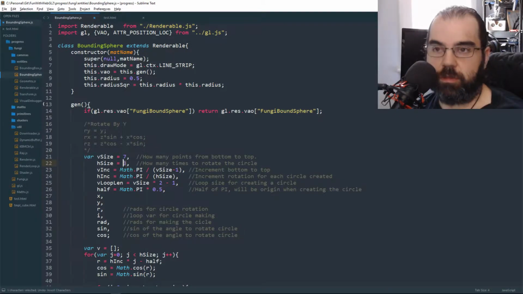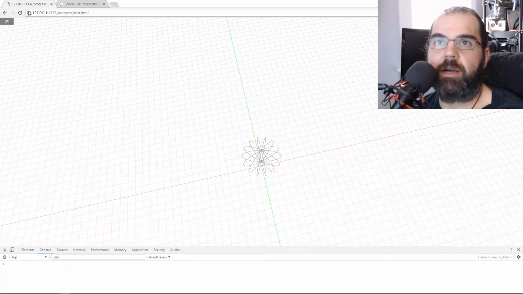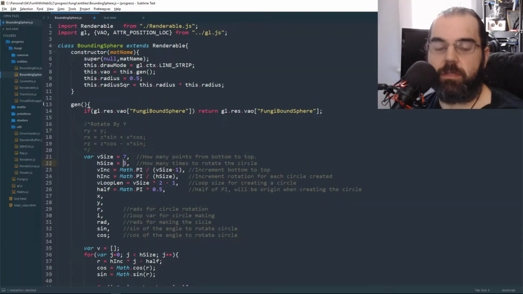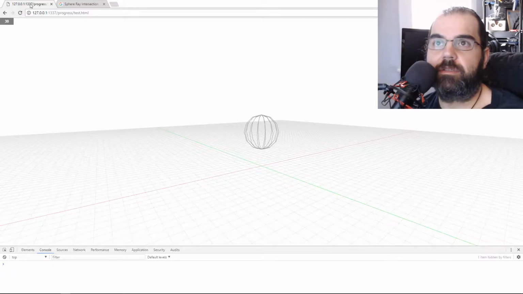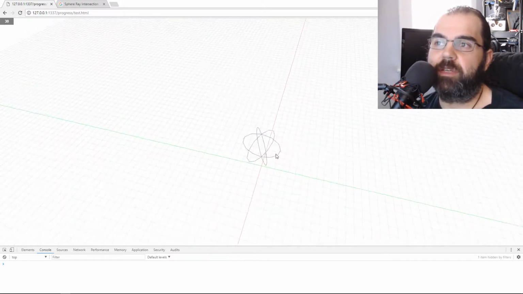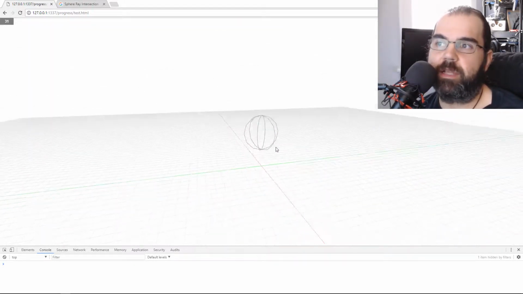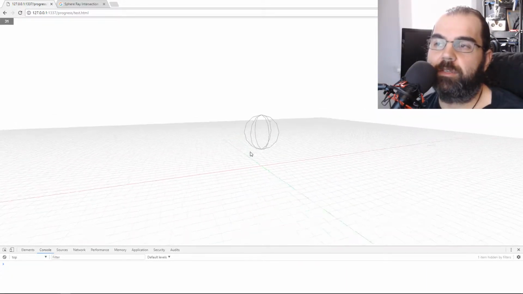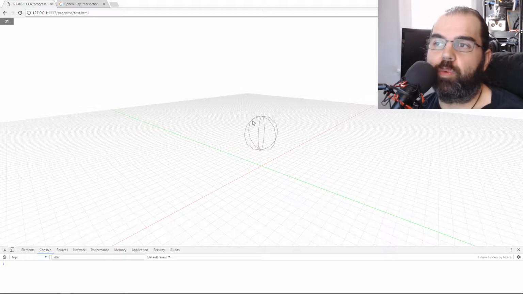So by taking this code, you can define how many points, what resolution you want your bounding sphere to be like. Since it is a bounding object, it doesn't need to be very complicated. So this is a low poly, low resolution way to represent where our object is within the bounding sphere.